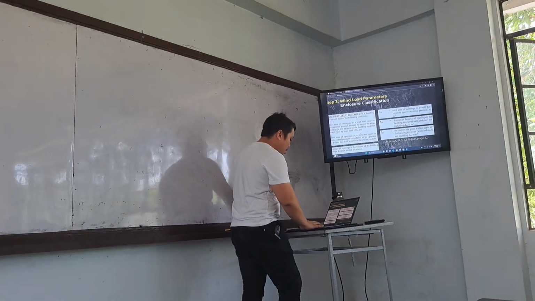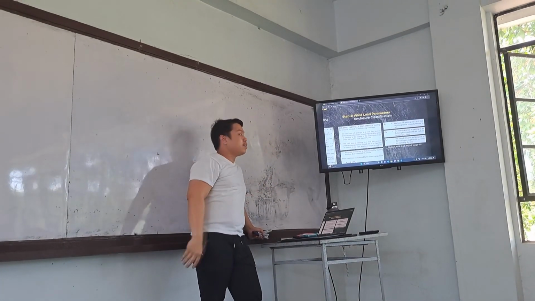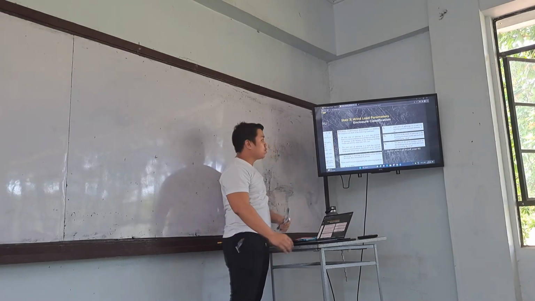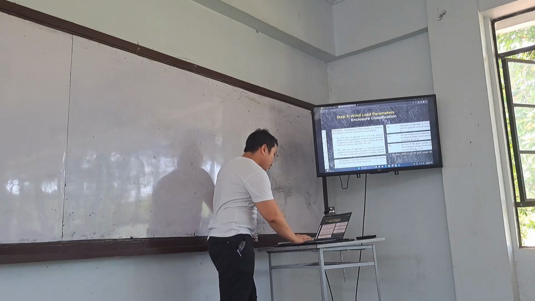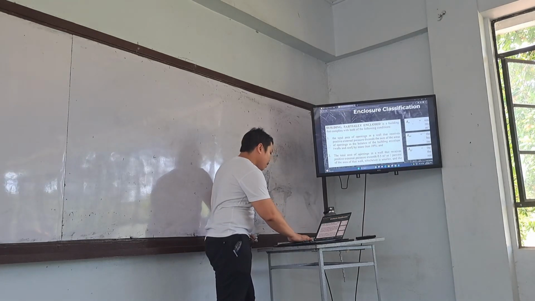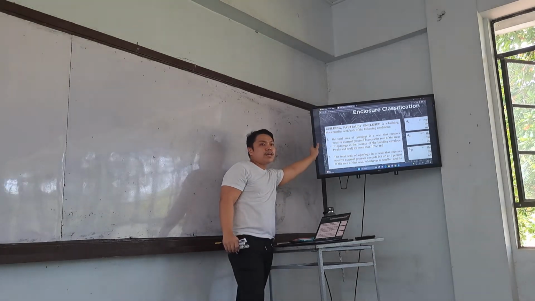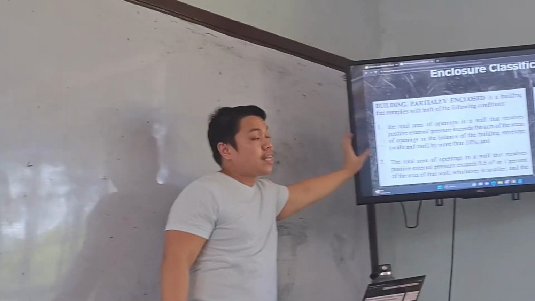Okay, so how can we identify if ang atong na building is partially enclosed? If ever proven ang building is not open, so let's check next if ang building is partially enclosed. Okay, so as per definitions in section 202, we can only classify our building as partially enclosed if both conditions will be satisfied.